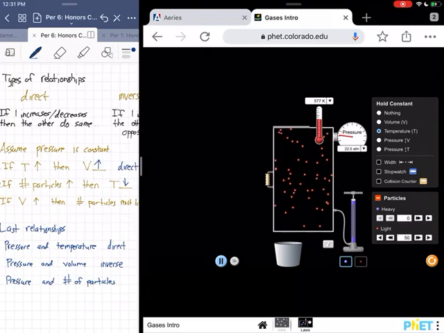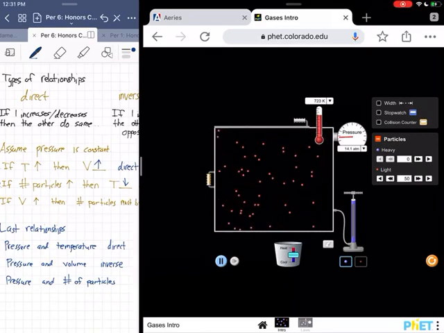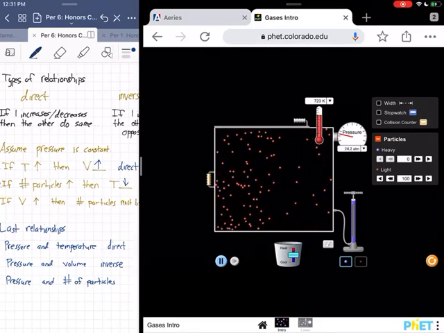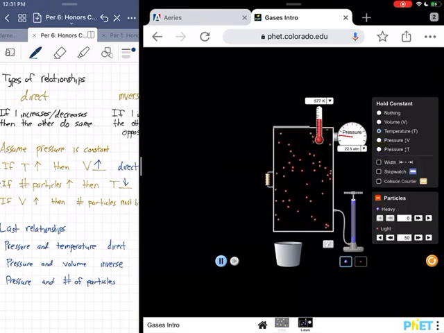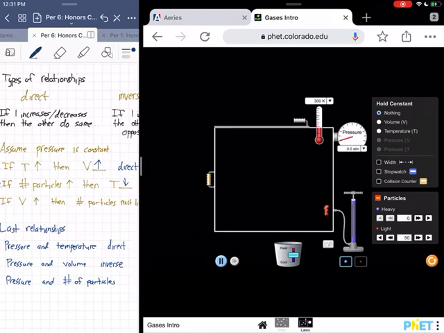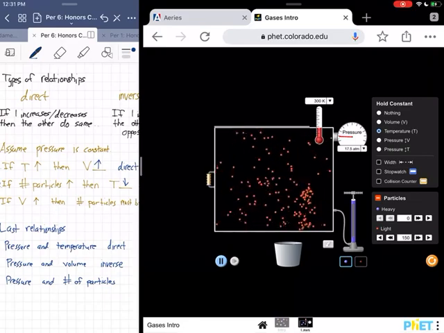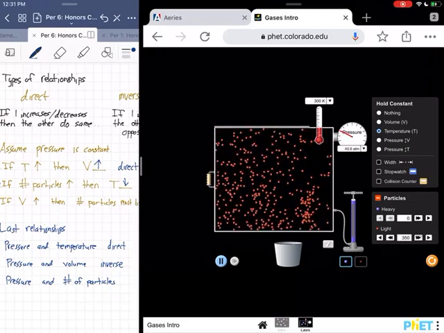Finally, I have to go back to the intro here to show this one. What is the relationship between pressure and number of particles? Well, if I add more particles, the pressure is going to go up. So if I held temperature constant, and I added more particles, you can see my volume is staying the same, and also my pressure is going up.